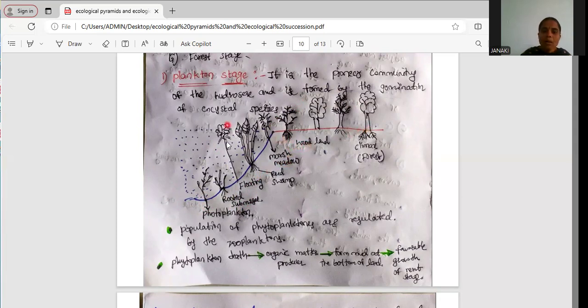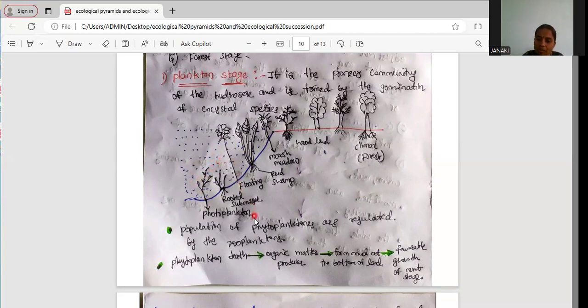The plankton stage is the pioneer community of the hydrosere, formed by the germination of spores of algal species.